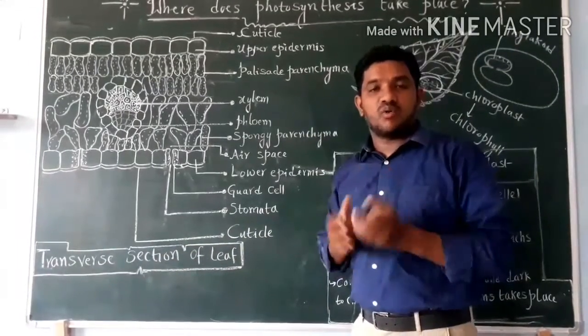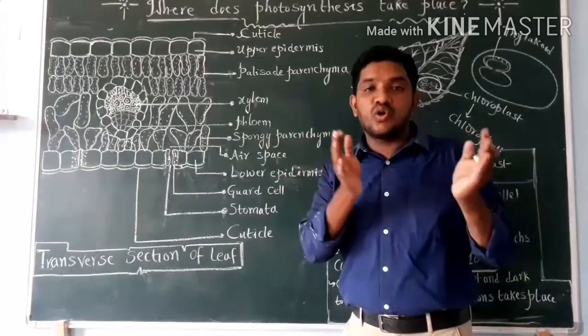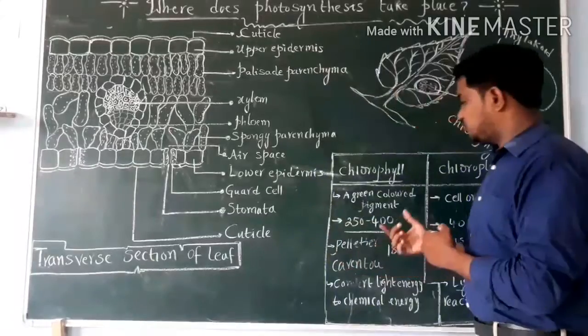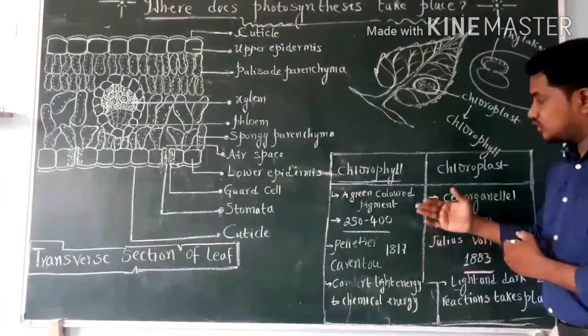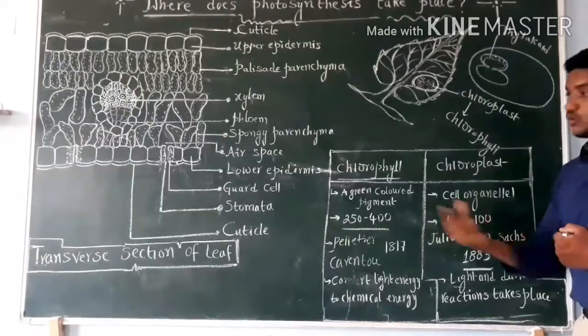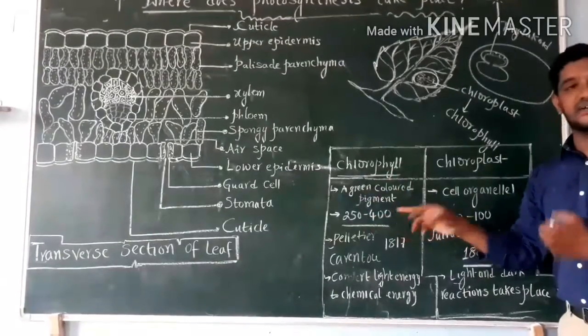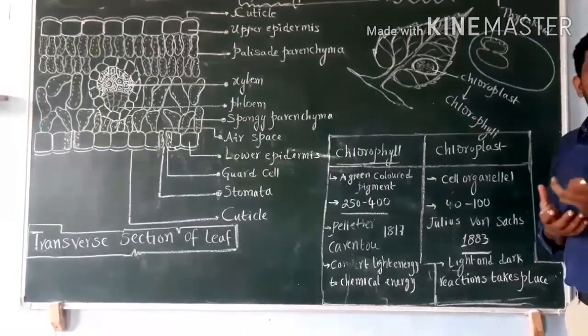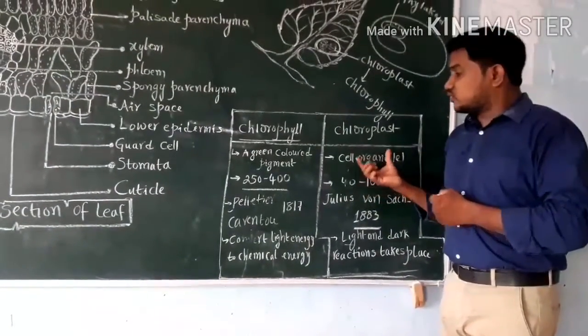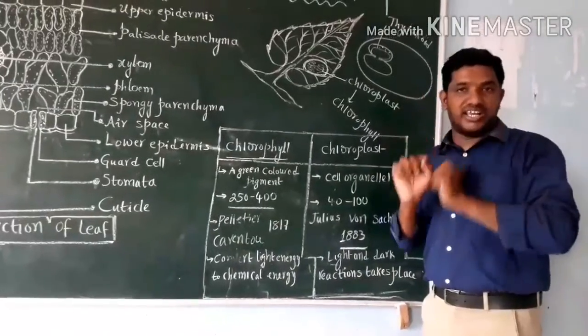Next one is, what are the differences between chloroplast and chlorophyll? See, I have written a few differences on the board. Chlorophyll means a green colored pigment which gives green color to the leaves. Whereas chloroplast is a cell organelle.